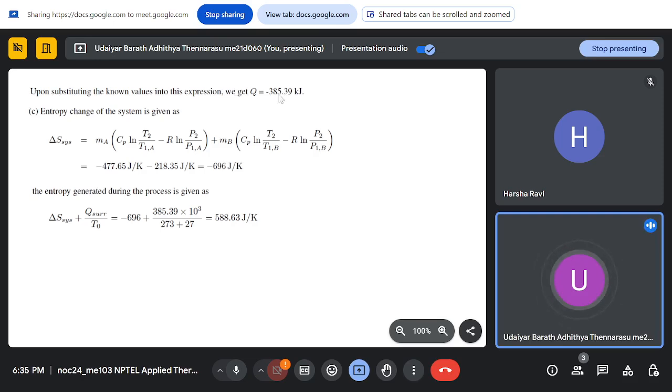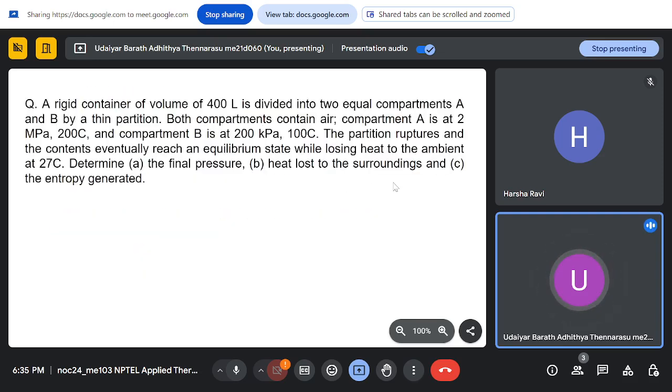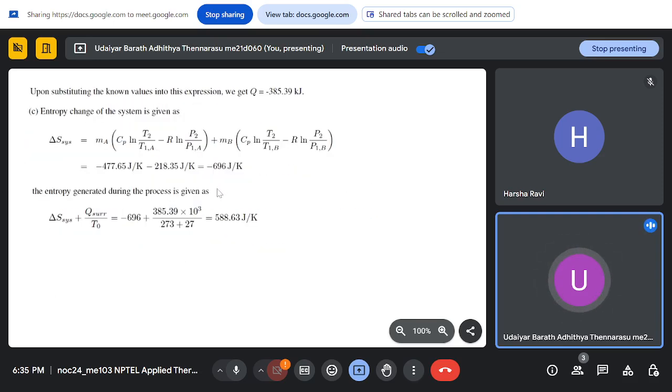So now we have calculated the heat. The next part is we have to also calculate the entropy which is generated. So the entropy change of the system, for a change in pressure and temperature, will be m Cp ln T2 by T1 minus R ln P2 by P1.